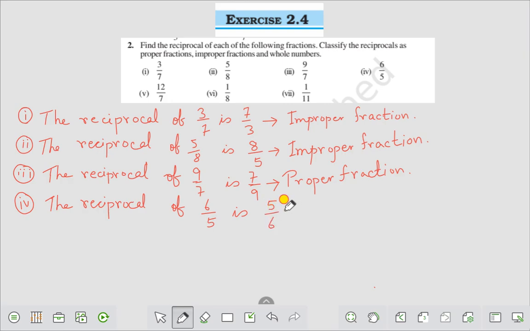Here also you see that the numerator is less than the denominator, therefore it is a proper fraction.